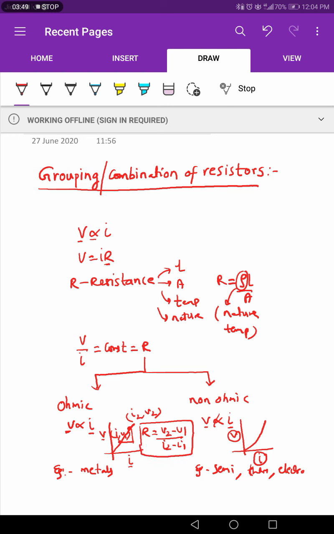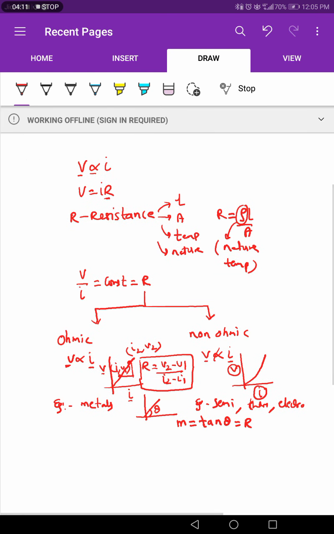If no coordinates are mentioned on the graph and they directly mention the angle, we can use the slope m equals tan theta. So tan theta gives the resistance. I gave the values of tan theta also.